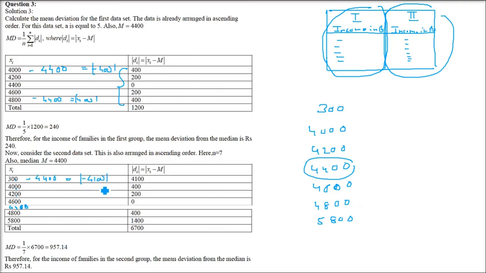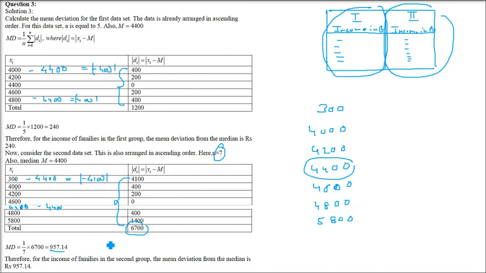Now subtract this 4400 from all the elements, and you have to take the positive sign. When you take the positive sign, whatever comes, you have to add them. Don't worry about the computation. Even if it is not correct here, you just have to subtract each element from 4400, take the modulus, take everything in the positive sign, and add them.